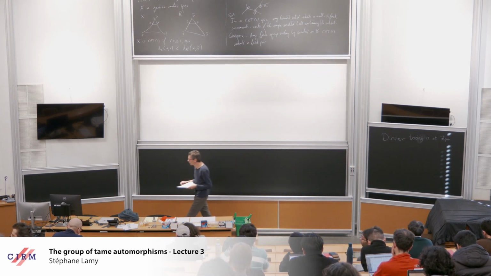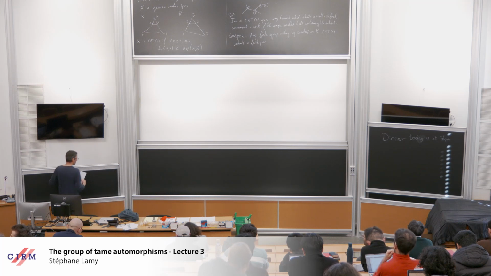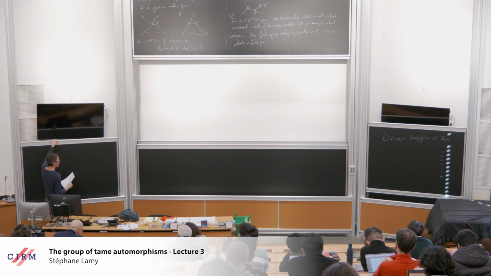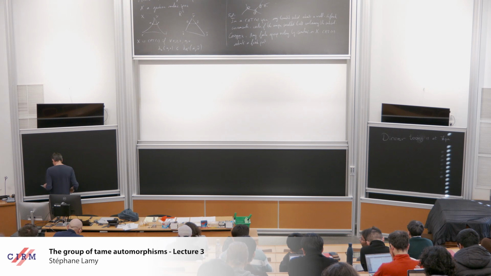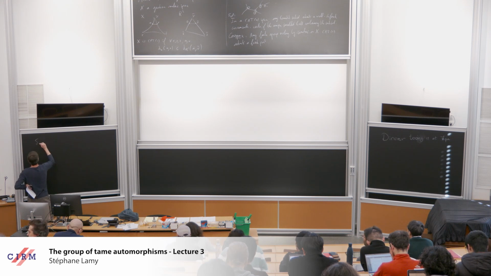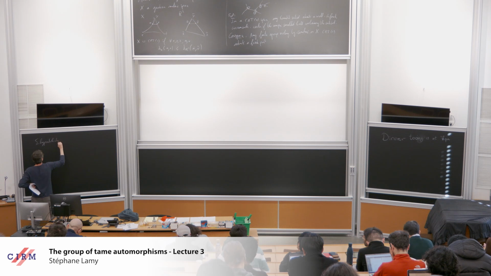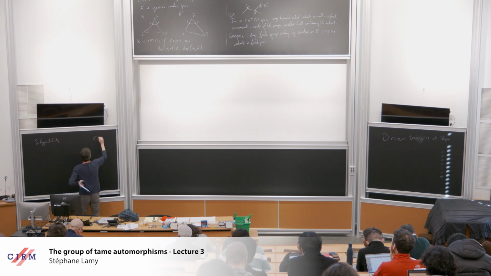So maybe let me try to put a kind of qualitative picture here of what we can expect with the two notions. So you have delta hyperbolicity on one side, and you have the CAT(0) property here.